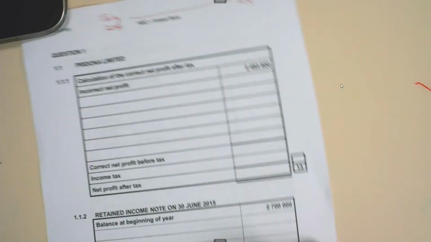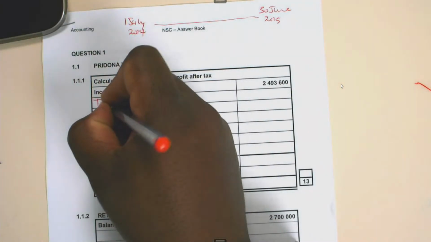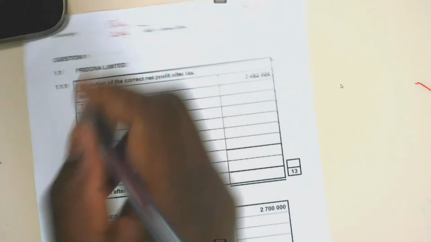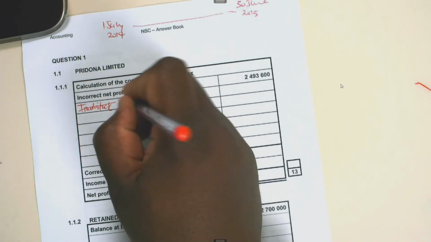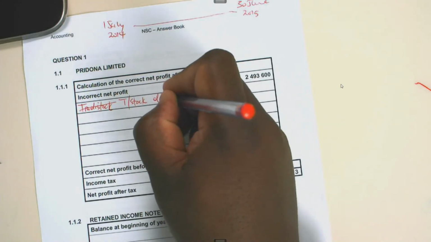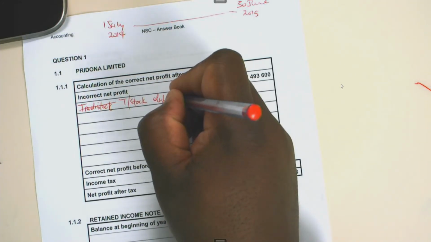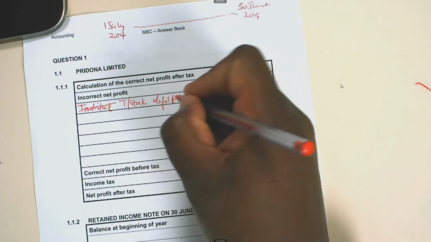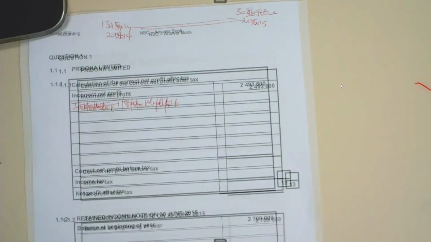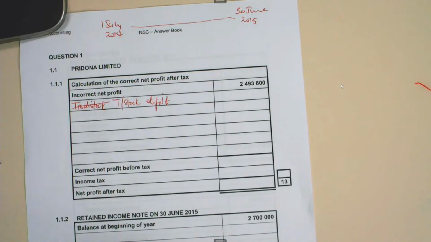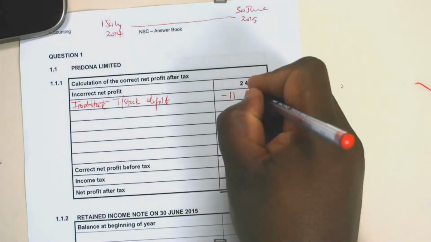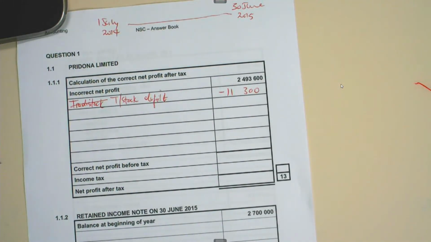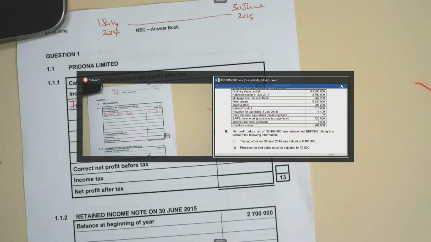Now, in your answer book here, you'll write trading stock deficit, and trading stock deficit, you know, it is in our income statement we record it under other operating expenses. So now we must subtract the 11,300 from the incorrect net profit, and then we go to the next one.